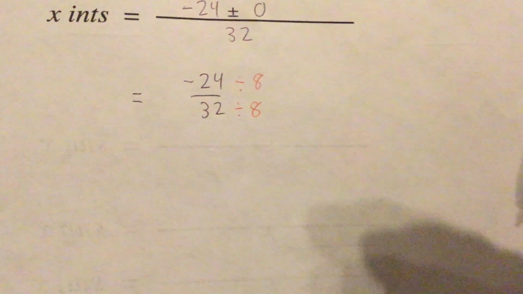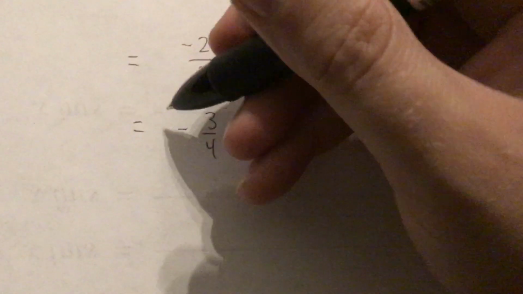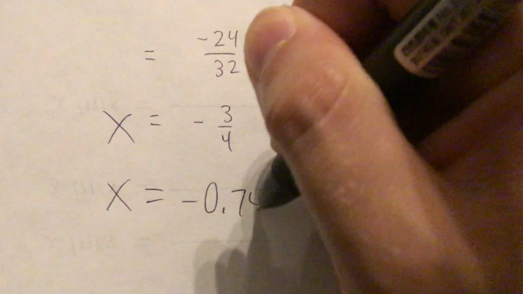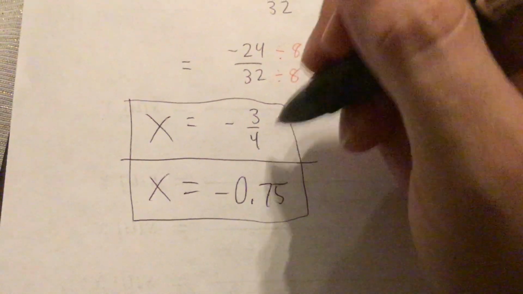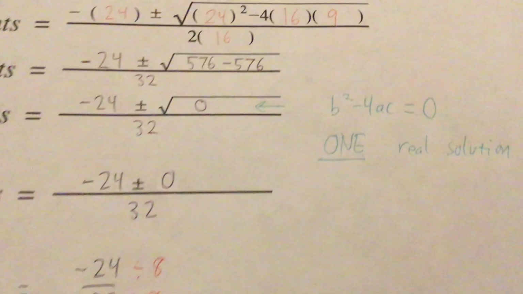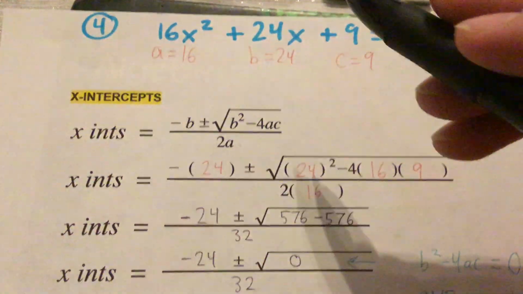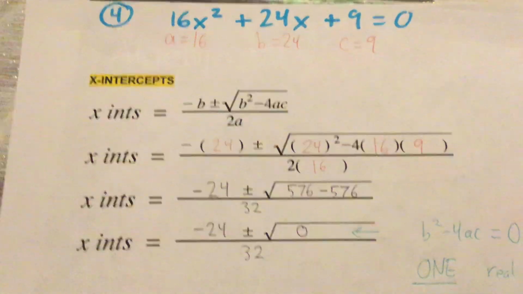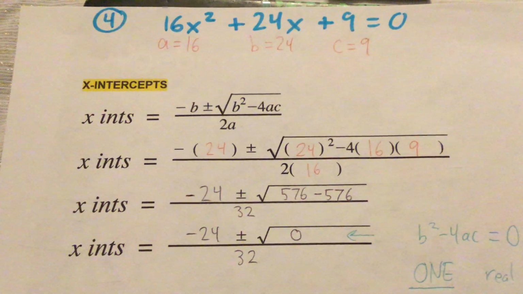So that's going to be negative 3 over 4, and that's totally fine. Or x is equal to negative 0.75 if you did the division ahead of time. These are the same number. The important thing is that there's only one real solution to 16x squared plus 24x plus 9 is equal to 0, and that'd be negative 3/4, or negative 0.75, same number.